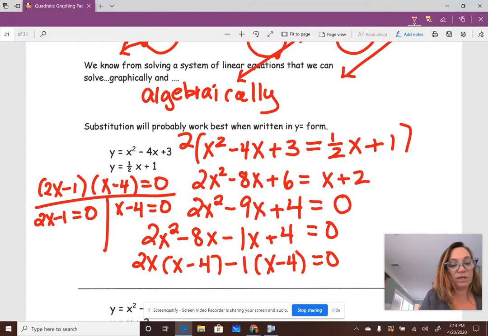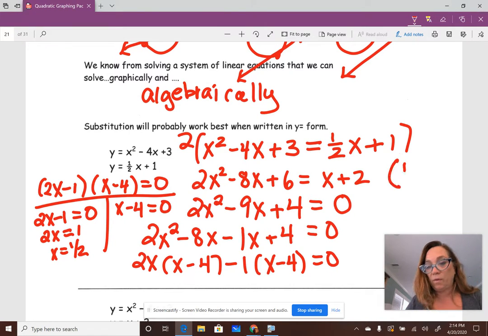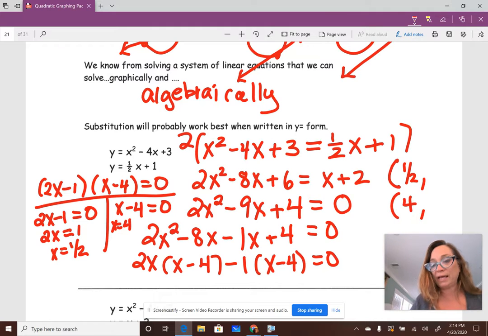And that's going to give me 2x equals 1, so x equals 1/2. 1/2 is the x. I need to find the y. And that gives me x equals 4. 4 is the x. I need to find the y.